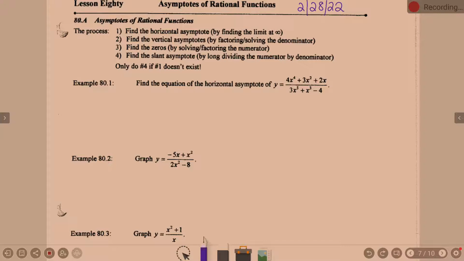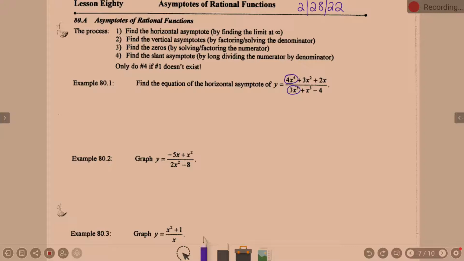Now, example 1, we're not actually graphing. It just says find the equation of the horizontal asymptote of that function. What do you notice here? Higher powers on bottom. Because what are we looking at? We're going to look at the 3x to the 5th on bottom, 4x to the 4th on top, right?